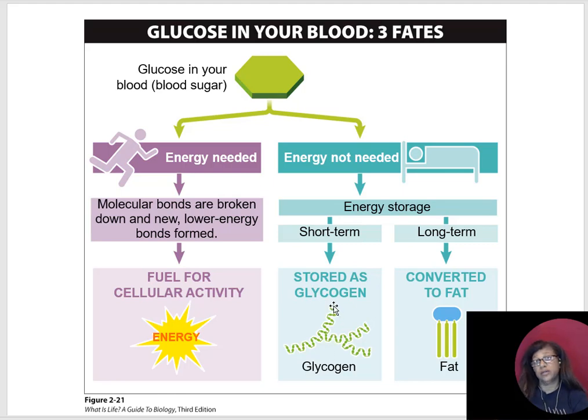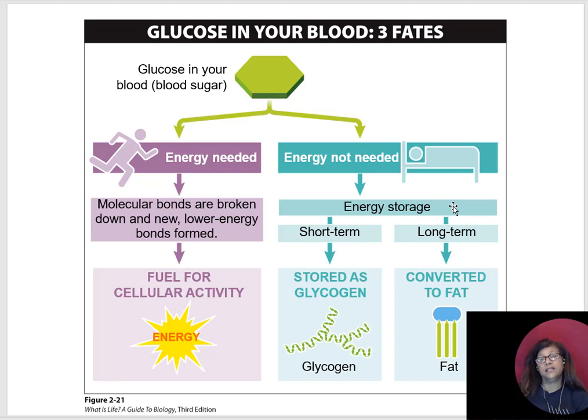And glycogen is stored in your liver. Okay? And that's short-term storage. Easy to get to, right? It's kind of like storing things in your garage. Very easy to get to. I can just open up the garage door, boom, I can get to it, pull out the glycogen, start breaking it down, get to the energy that I need. Short-term energy storage.